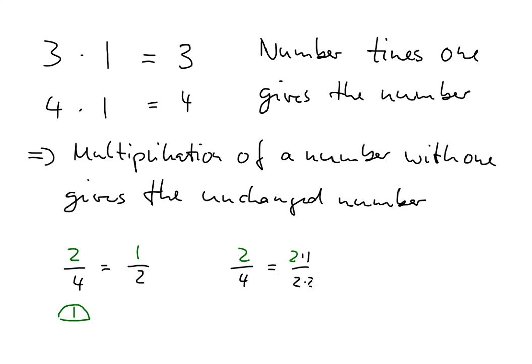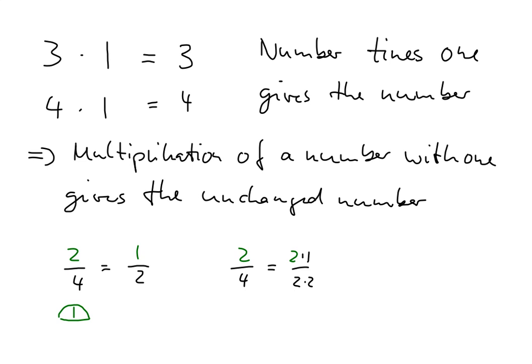And 2 times 2 is the same as 4. So I didn't change the numerator, because 2 times 1 is the same as 2. And I didn't change the denominator. I just wrote it in a different way. I said 4 is the same as 2 times 2.